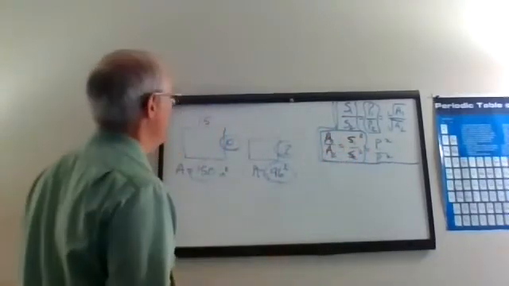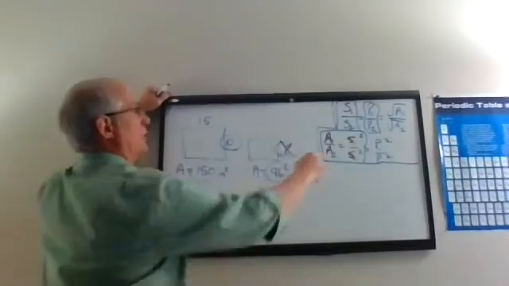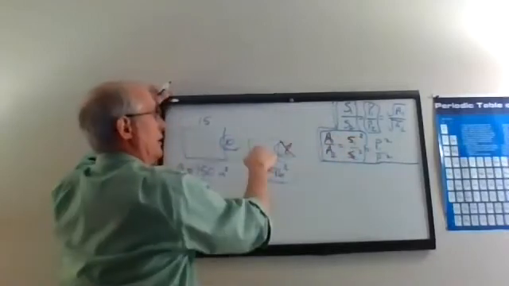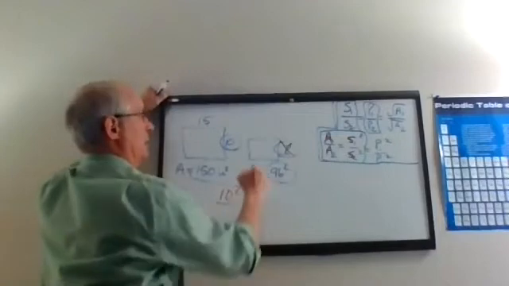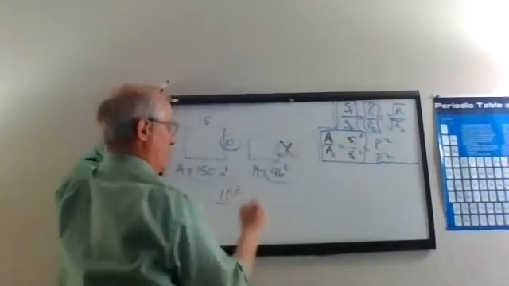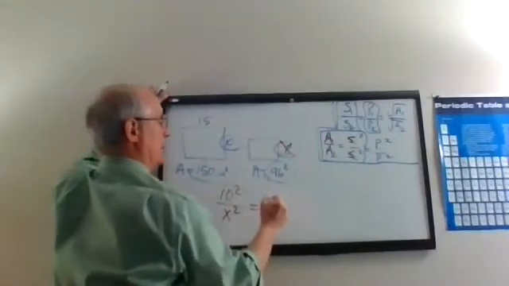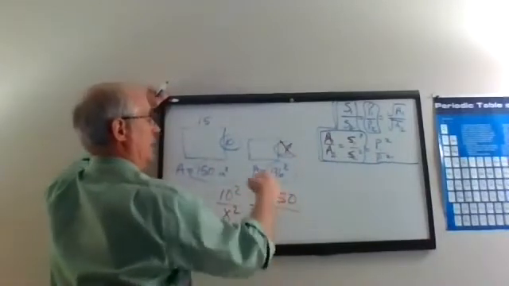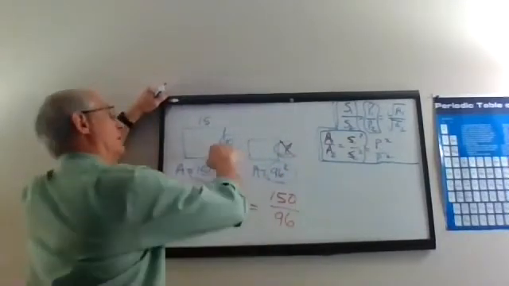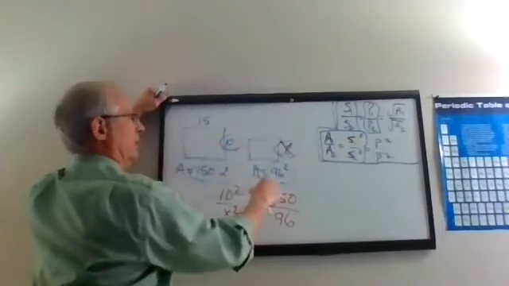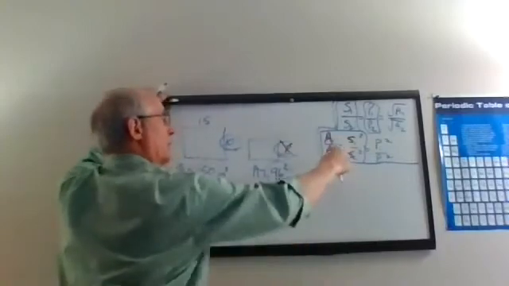So how about x and 10, going big to little. 10 squared is to x squared as 150 is to 96. Big, little, big, little. Big over little, don't forget to square.